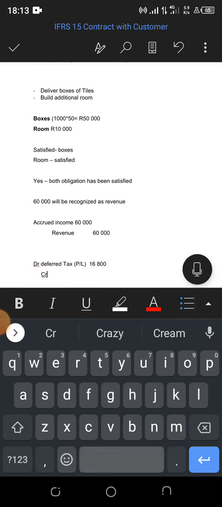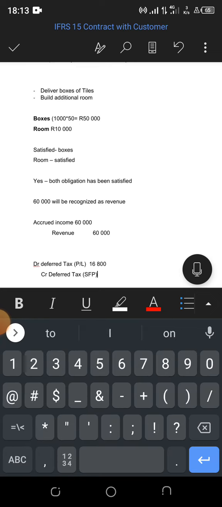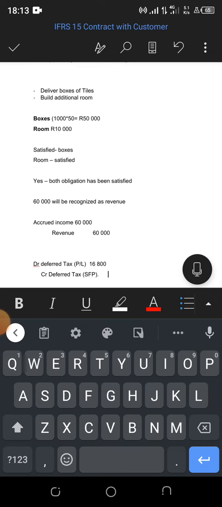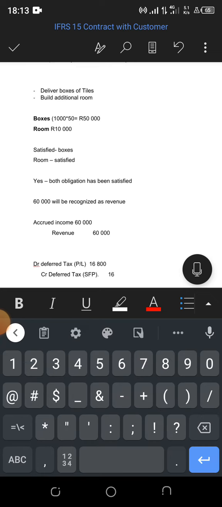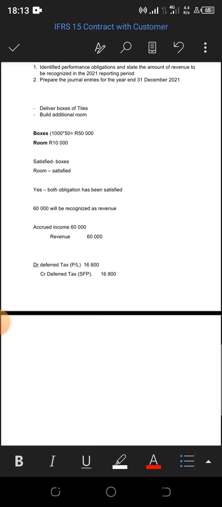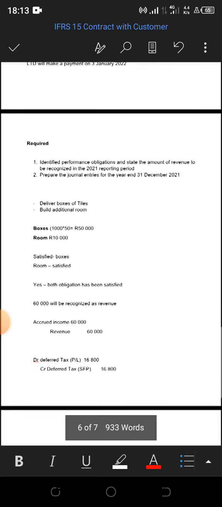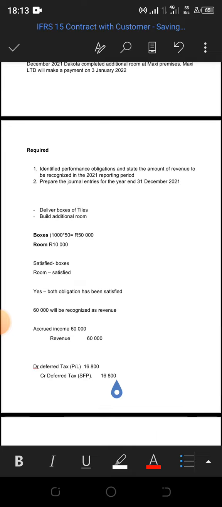Then we credit deferred tax SFP 16,800. Okay, this is what you were supposed to do on this question.